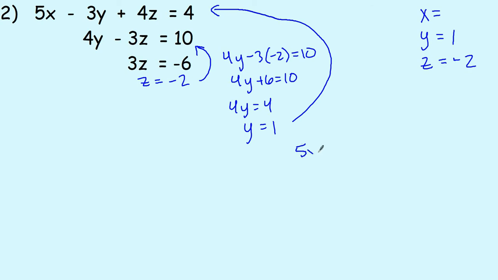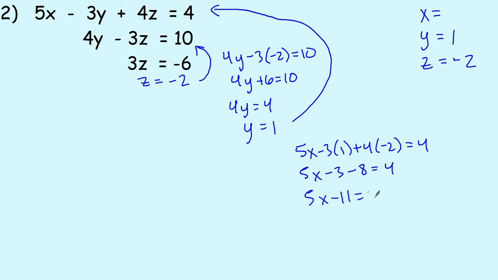So we get 5x minus 3 times 1 plus 4 times negative 2 equals 4. I know, I'm working it out. Minus 3 minus... yeah. So then we add... x equals 3. All right, hopefully that's what y'all got. If not, ask me in class. I'd be happy to help you find your mistake.